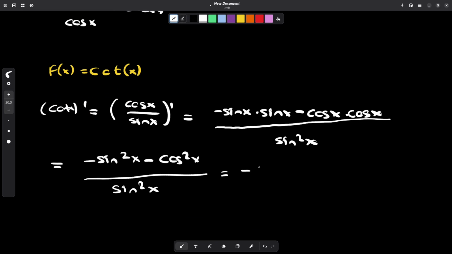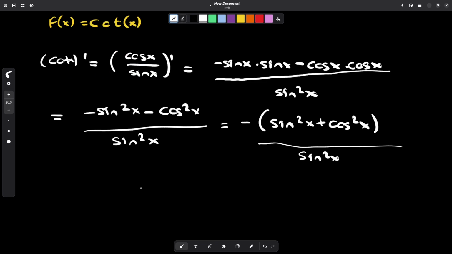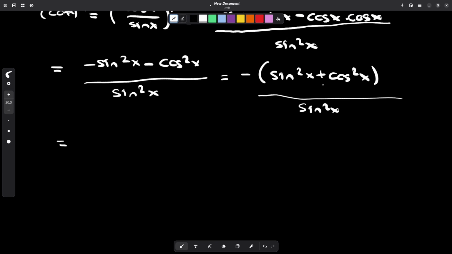I can write this as, under the minus parentheses, sine squared x plus cosine squared x over sine squared x. Why is this step important? Because now I can write this as two different fractions again. What does this give me under the negative parentheses? 1 plus cotangent squared x, right?